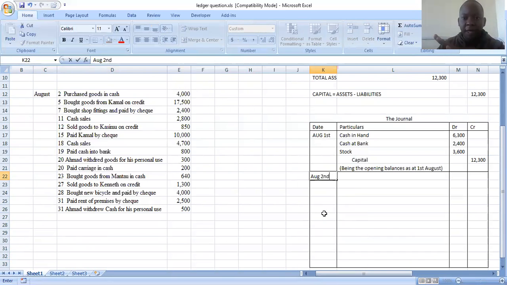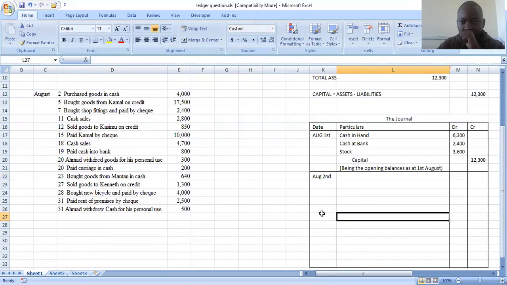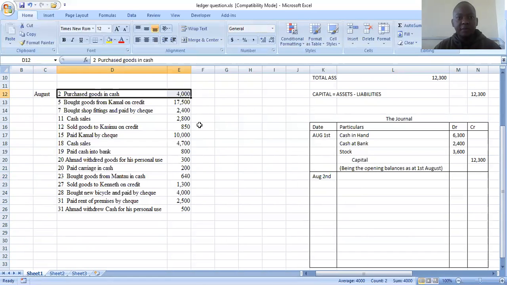I hope the video is clear to you. August 2nd. You are told that purchased goods in cash, 4,000 shillings. So the concept of double entry, from the first part of this video, we say that there are 3 questions to be asked, and we apply these in the classification of accounts.